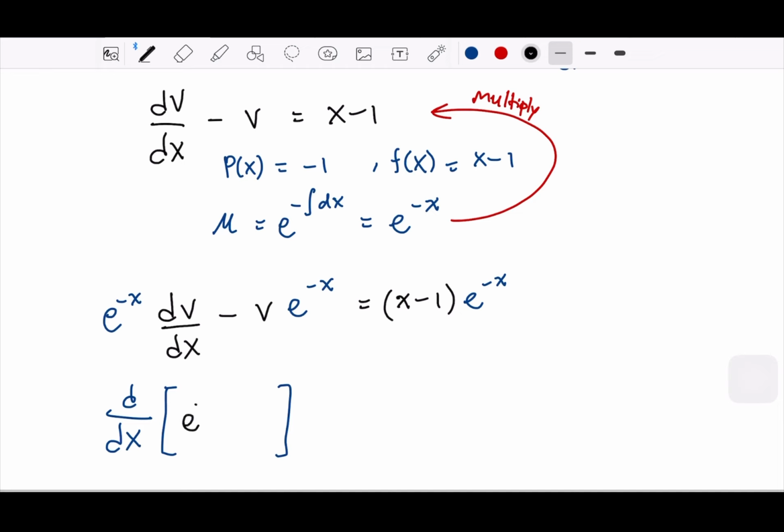This will be e^(-x) v. And you can check. I think it's correct.